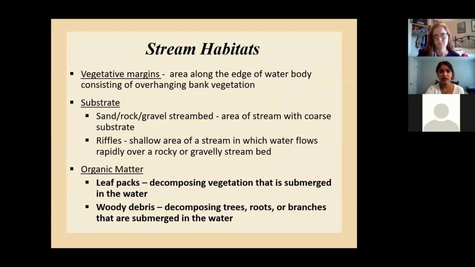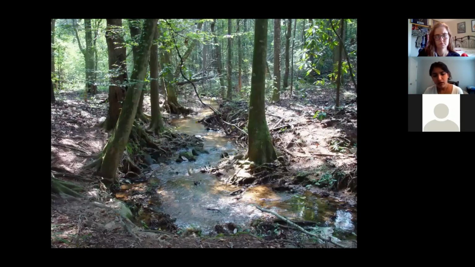In this photo, we tried to really capture all of these different types of stream habitats. I'm not sure if you can see my mouse or not, but okay, great. You can see we have some vegetative margin, the areas where there's vegetation. If this had more plants growing around it, like the riparian zone, this whole area would be heavily influenced by it.